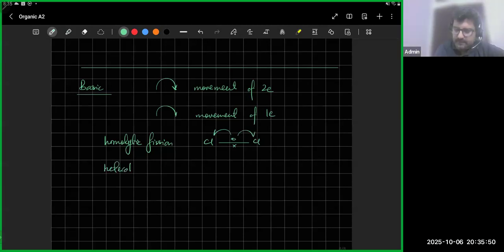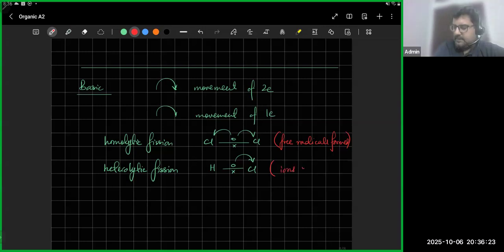Then you have heterolytic fission, where both electrons go to one side. Double arrow, so both electrons go to one side. The first one normally creates free radicals, and the second one normally creates ions.